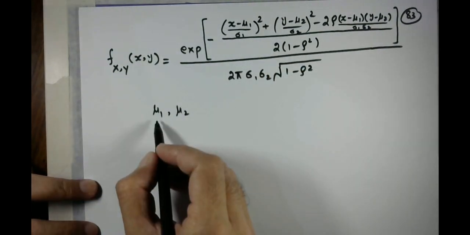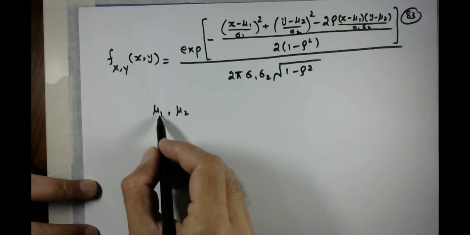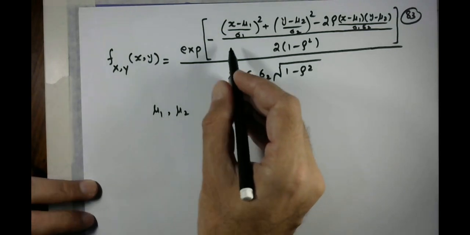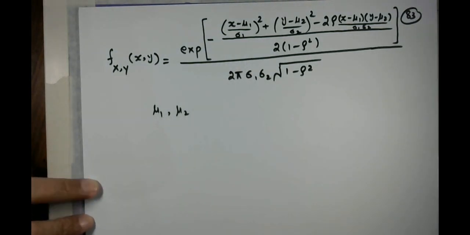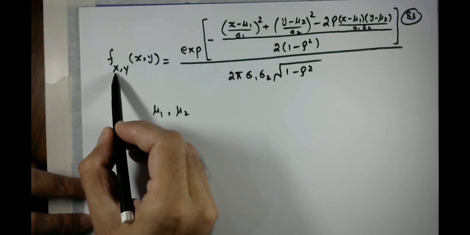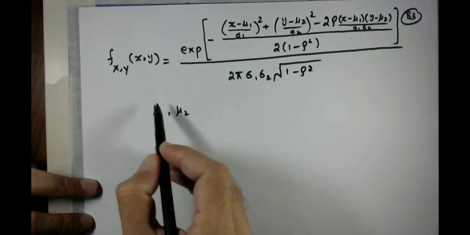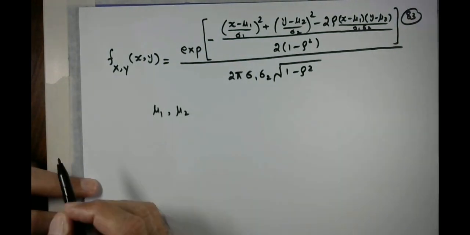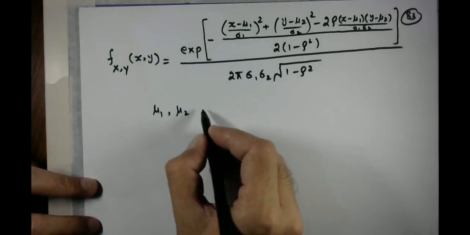I have intentionally not written it as mu sub x and mu sub y, because then it would have made the expression even more complicated. So mu 1 is basically the mean of random variable x, and mu 2 is the mean of random variable y.